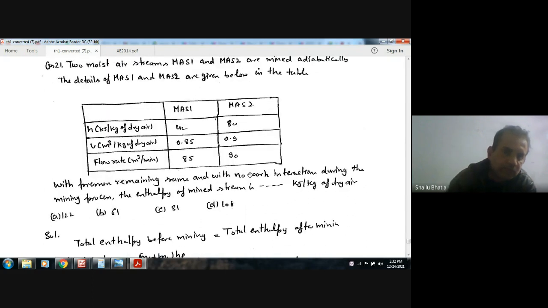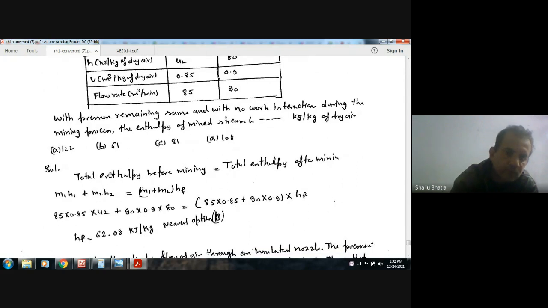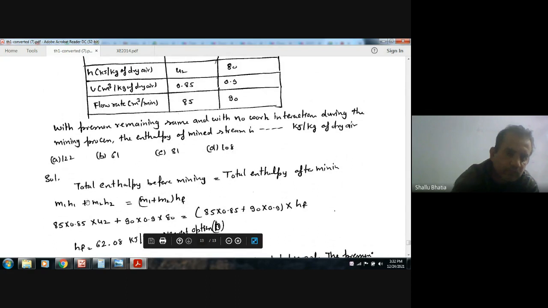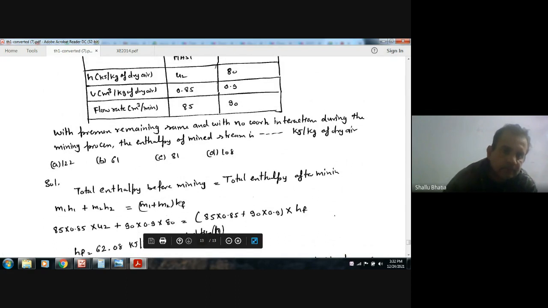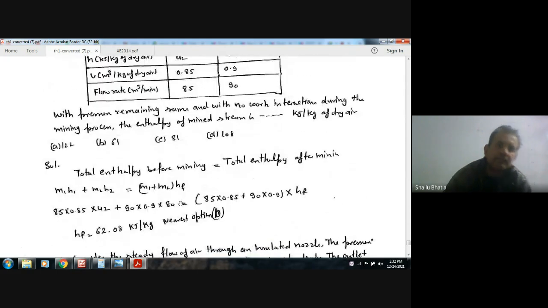So this can be determined by using the fact that the enthalpy of the individual MAS1 plus the enthalpy of the individual MAS2 will be equal to the total enthalpy of the mixture. Okay, so M1 H1 plus M2 H2 is equal to total mass M1 plus M2 times HF. Now M1 is the mass flow rate.